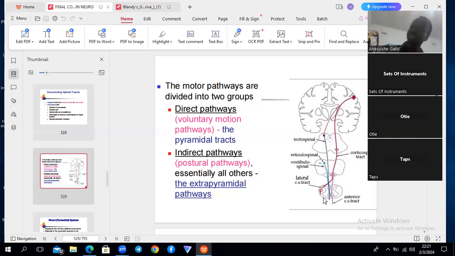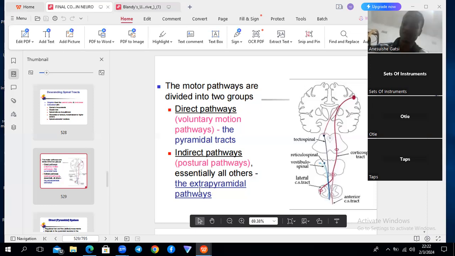But muscles are different. Remember, we have flexor muscles and extensor muscles. So we need other pathways that regulate those movements. For example, we have vestibulospinal, which regulates posture. It goes to the extensors of your lower limb so you can remain standing. Any other pathway coming down, we refer to as an extrapyramidal pathway.